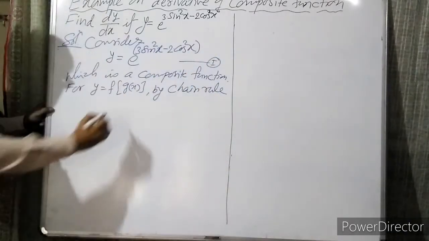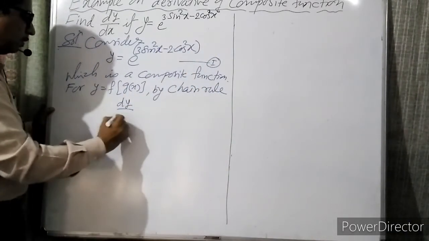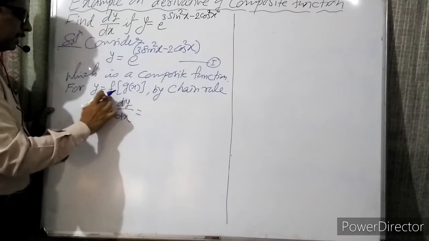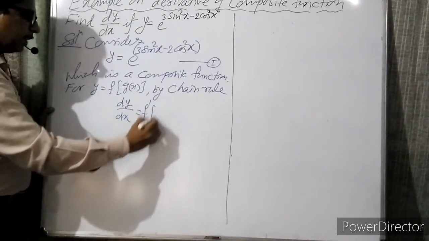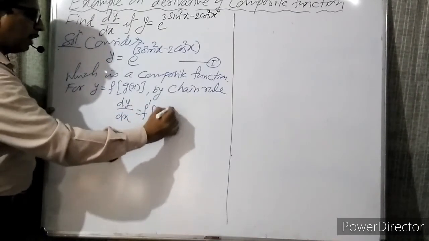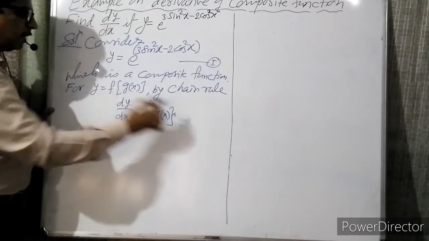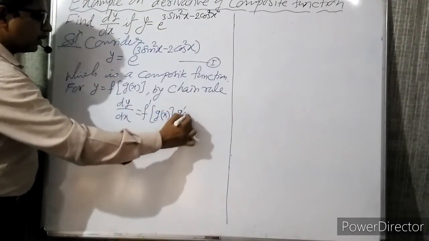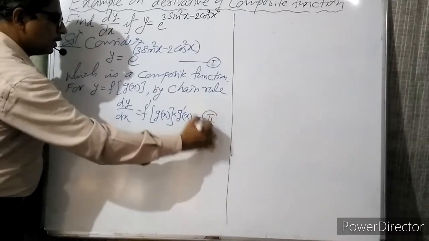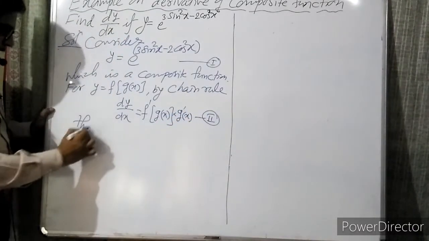By chain rule, we are getting dy by dx is equal to differentiate the outer function f dash, write g of x inside it as it is, into now remove f and differentiate the inner function g dash of x. Call this as 2. Then by first.